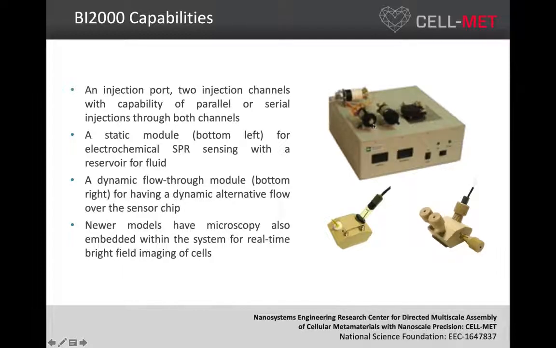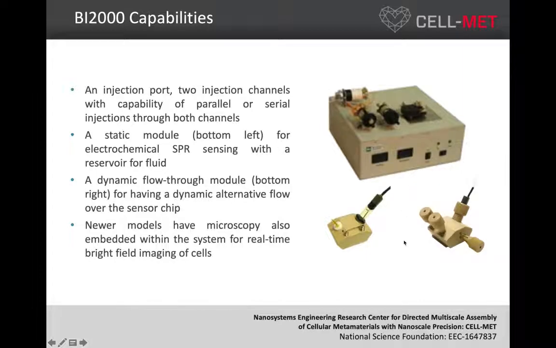This injection port over here we can inject drugs through goes all the way through the tubings into the device, and then out from the other one, which is the outlet going through the waste. You can select to have either a parallel or a series readout from this device.